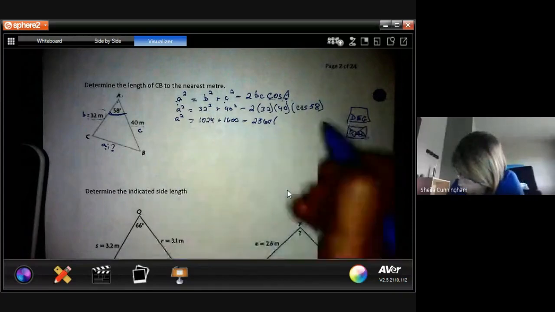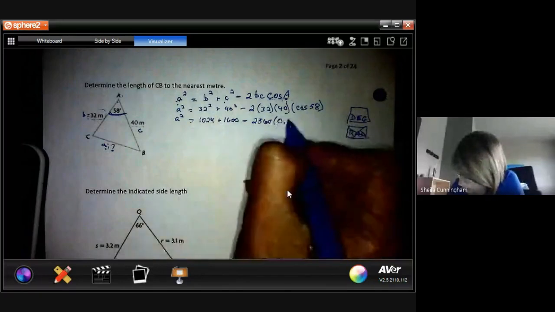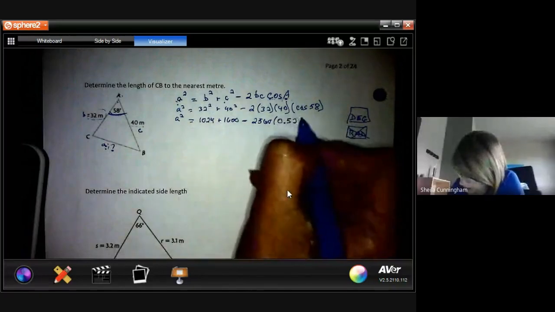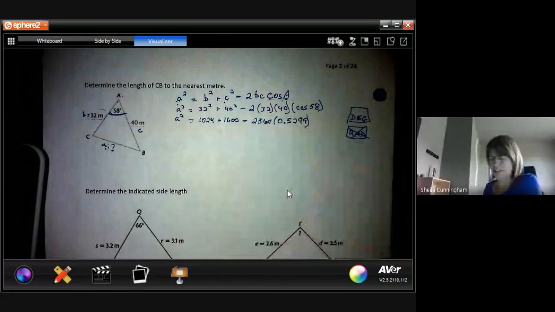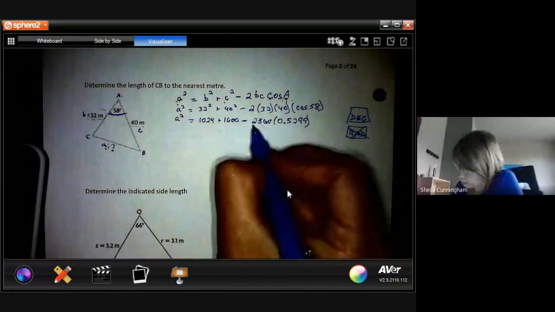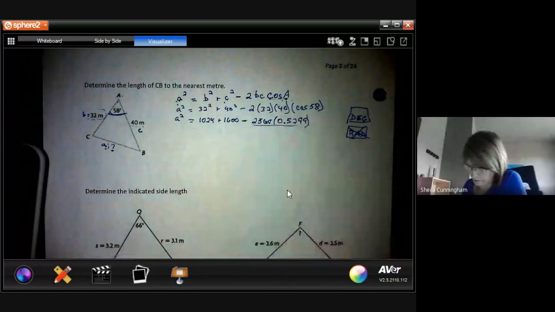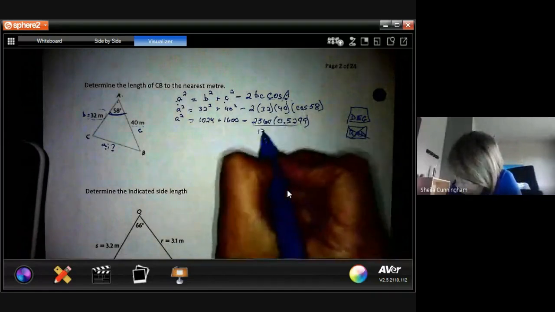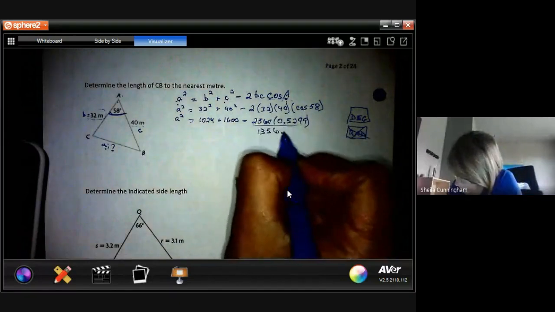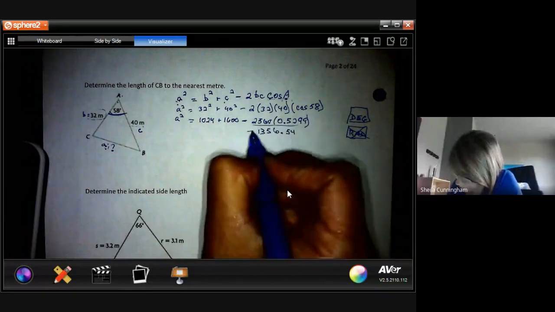So in this case, the cos of 58 is going to come up with 0.5299. Go 4 decimal places just to keep that accuracy. Now you're going to multiply 2560 times 0.5299, which gives me 1356.54.